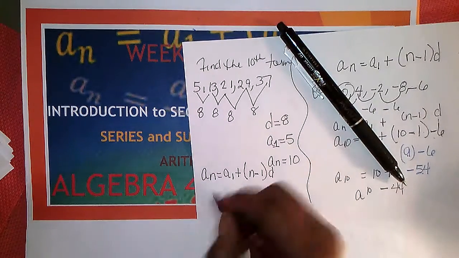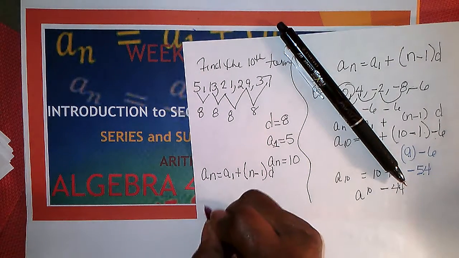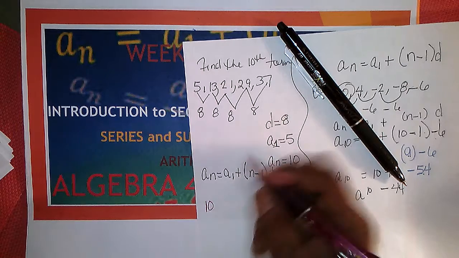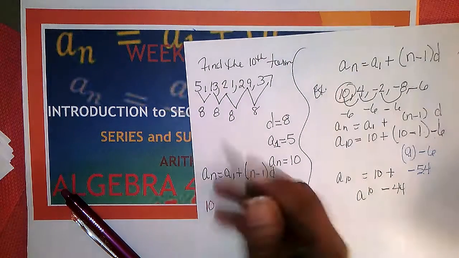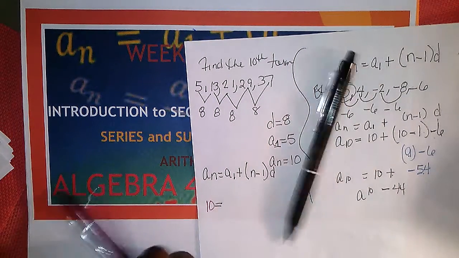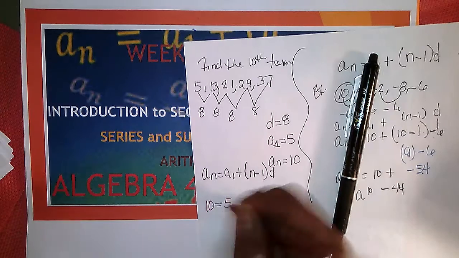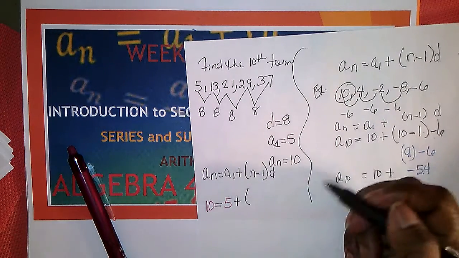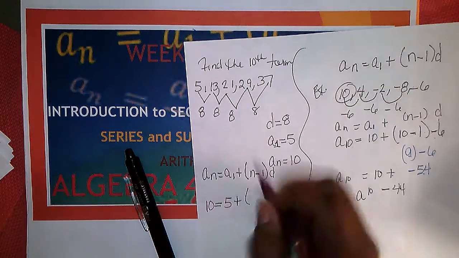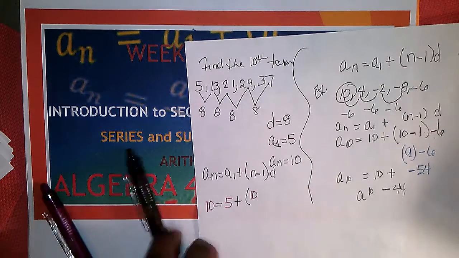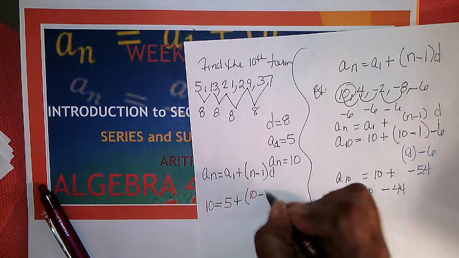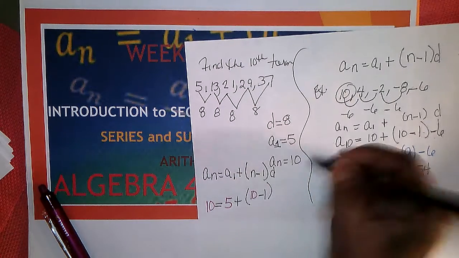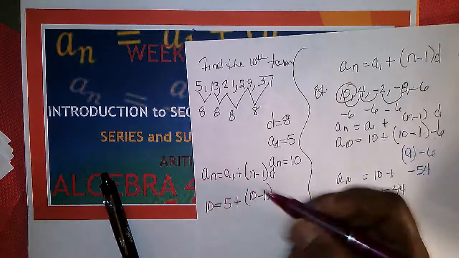All right, so let's go ahead and sub those numbers. We have 10, because we're going to do the 10th term. Then we have a_1, which is 5. We know our number is 10 minus 1. And we know our d is 8.